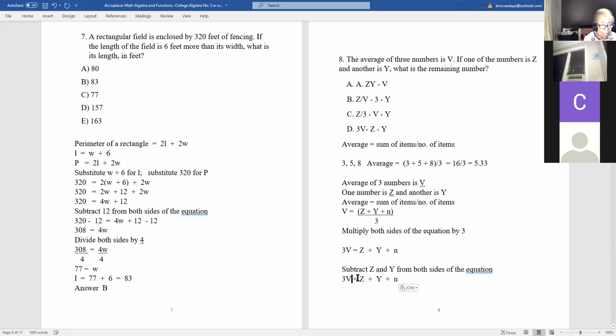So that's going to be on the left side minus Z minus Y, and on the right side minus Z minus Y. Okay. Now on the left side, I would have just what you see here, right? 3V minus Z minus Y.